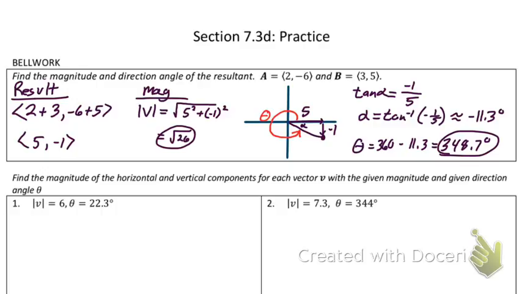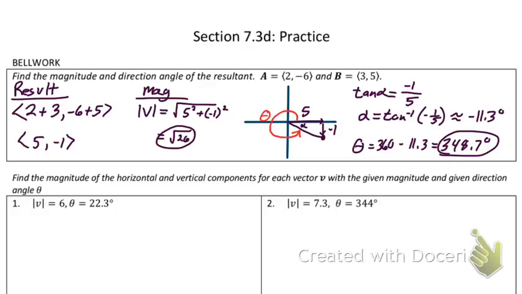Magnitude, x squared plus y squared, take the square root. Whenever I say directional angle, draw it. Figure out where it is between, right? I knew this was between 270 and 360, so when I got negative 11.3 out, I knew it had to be 360 minus 11.3. Questions, comments, concerns?